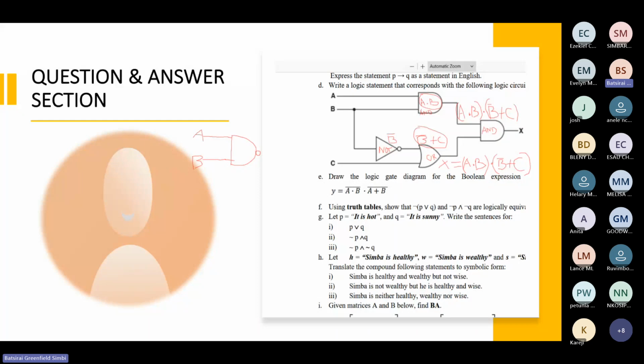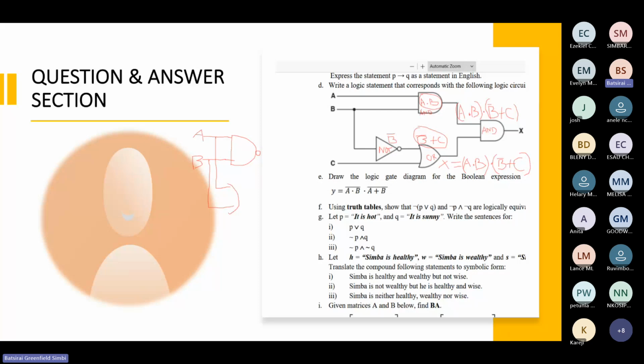Maybe we'll just take it from here. Then we say this is an OR. So here we can have a NOT OR gate.